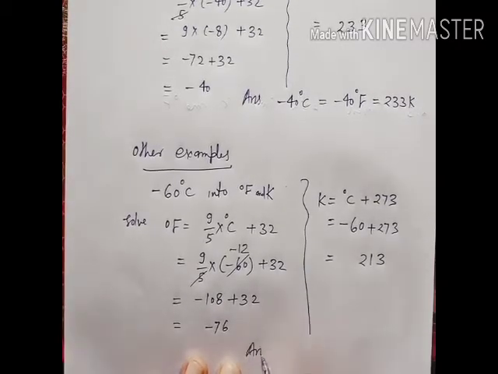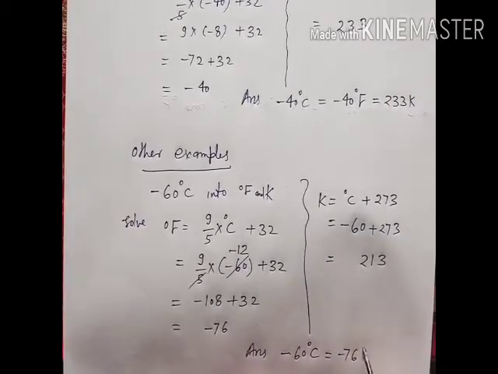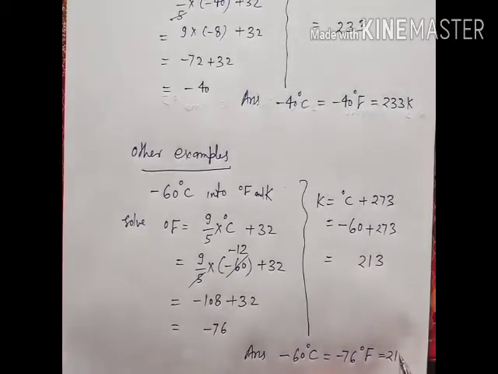Now the answer is minus 60 degree C is equal to minus 76 degree F is equal to 213 Kelvin.